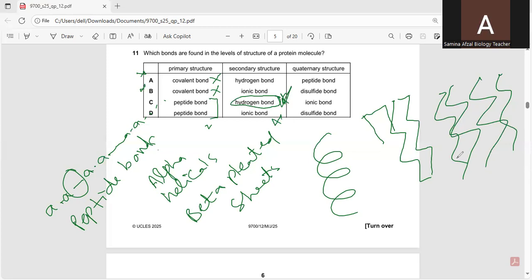So here in this case, ionic bonds, hydrogen bonds, and sometimes sulfide bonds are also there. So we will go with the ionic bonds because the C option is giving the correct sequence. So C is the correct option.